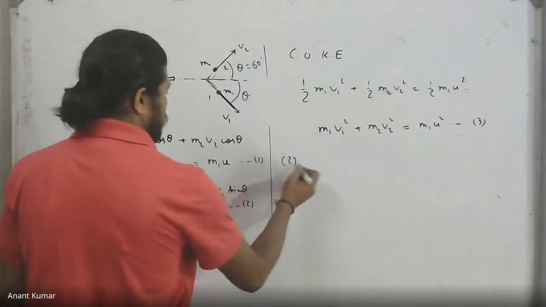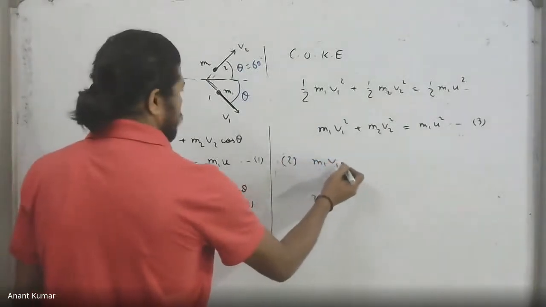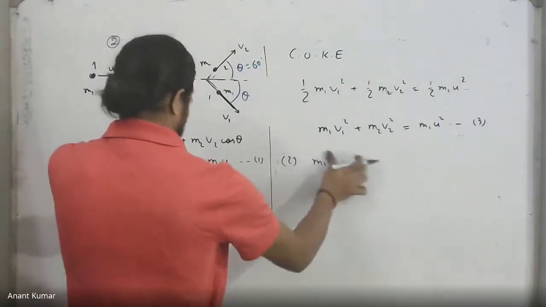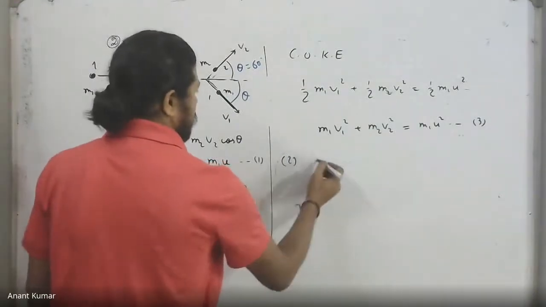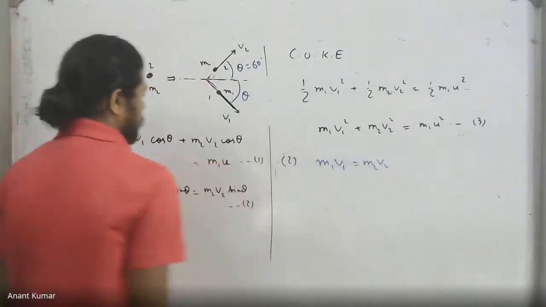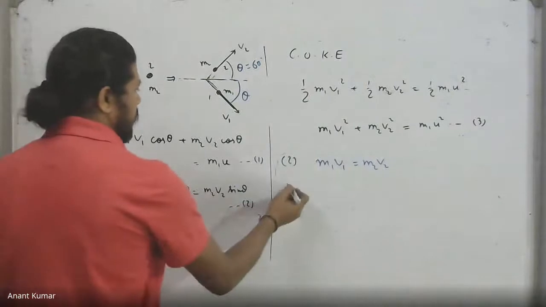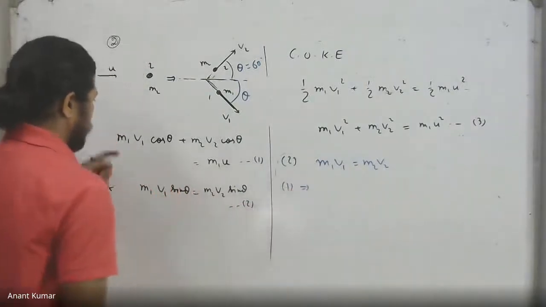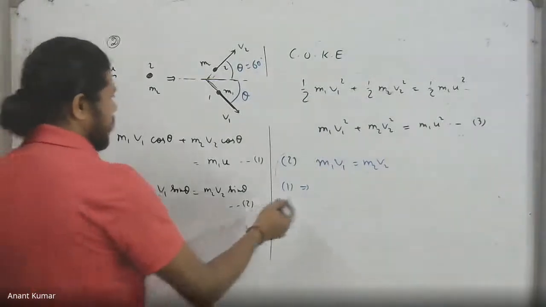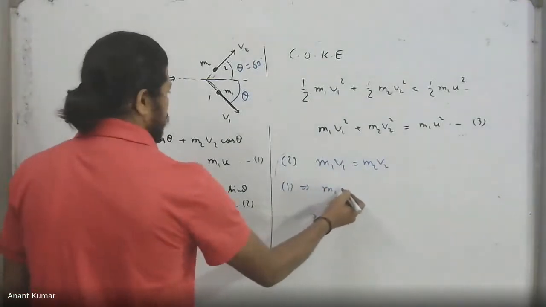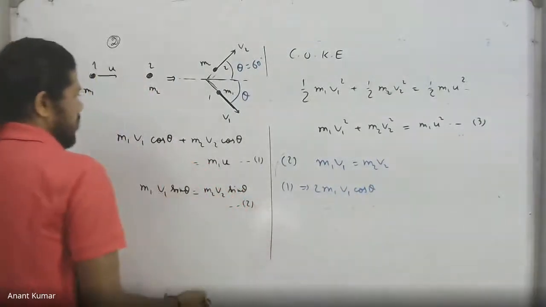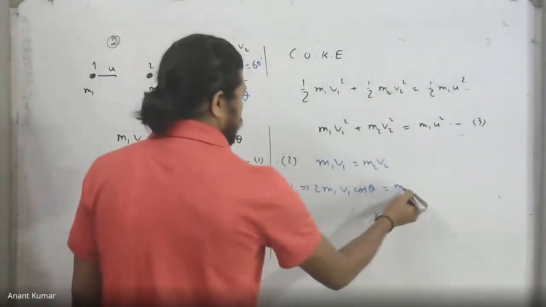Second equation gives us m1 v1 equal to m2 v2, and therefore this equation will give us m1 v1, and they are equal actually, so I can write down m1 v1 cos theta into 2, because they're both the same, equal to m1 u.